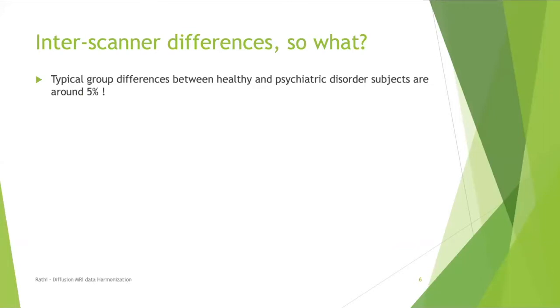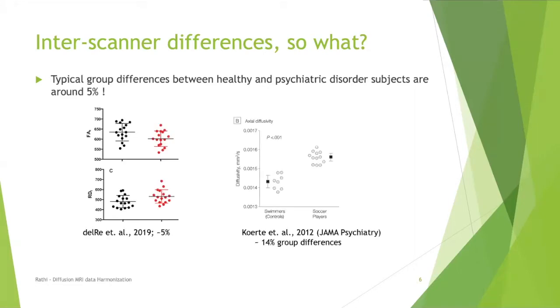So why is it important to think about this? 10 to 20% change, maybe not that much, but the reason this is important is because in neuroimaging studies, between healthy and any type of, say, psychiatric disorder, you expect at a statistical group level that the changes are about 5%. So here are 2 examples.